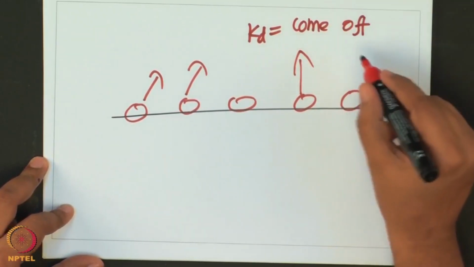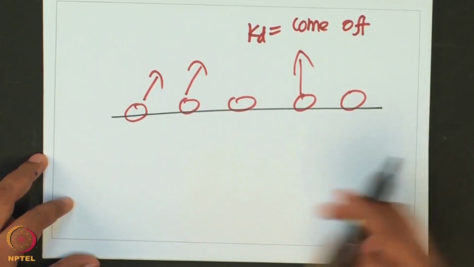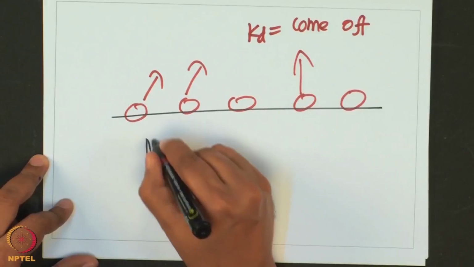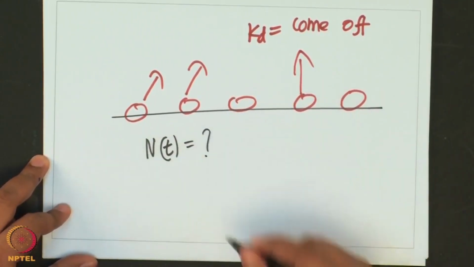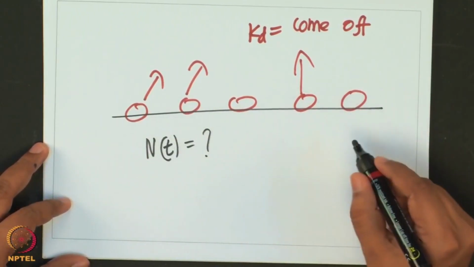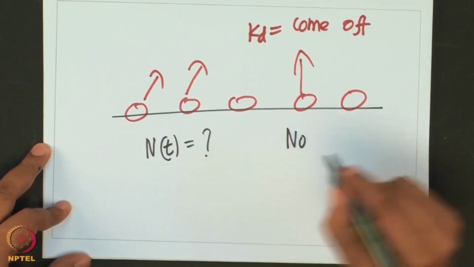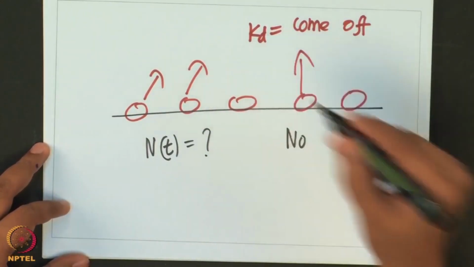Protein would come off from the DNA with some rate Kd. If that happens, we want to calculate the number of proteins bound on the DNA at any time t. If I have n0 number to start with, and they are all going to come off with some rate Kd.